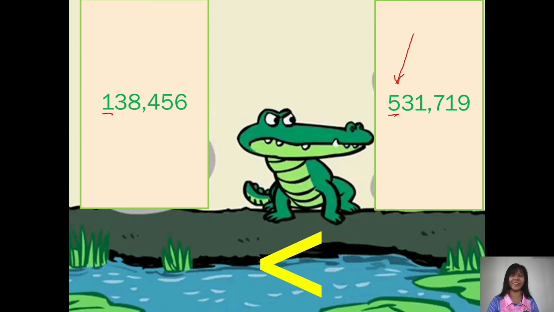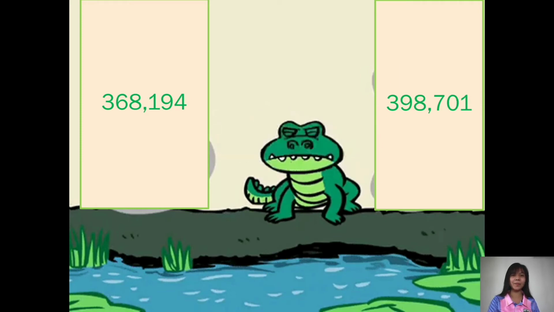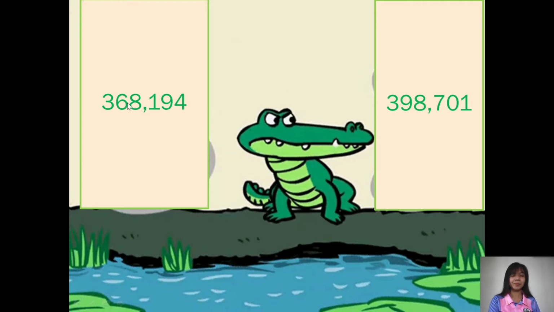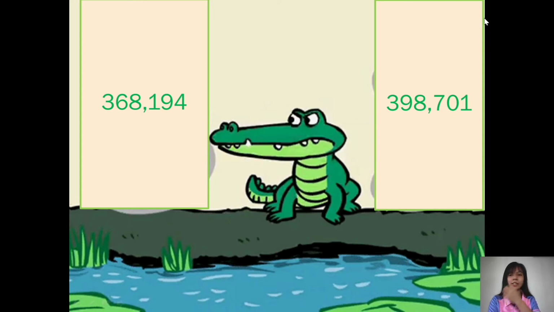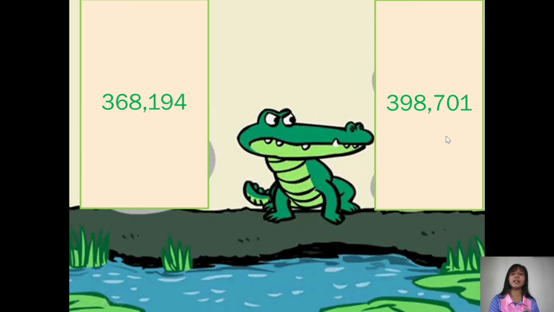Of course you do. Next, another example. We have here 368,194, and then another number, 398,701. Again, take a look at every digit. First digit, 3. The same number. Let's proceed to the next digit: 6, 9. Are they the same?